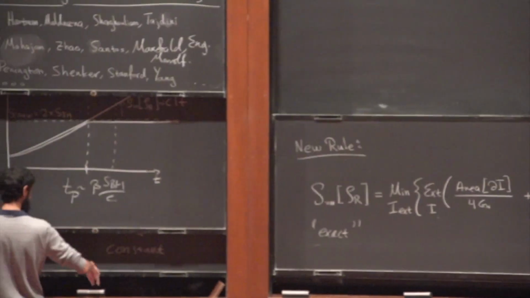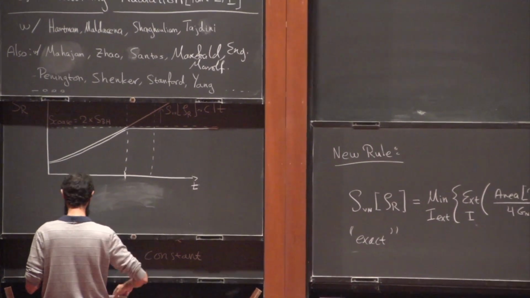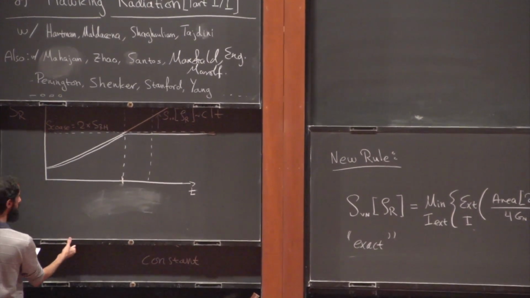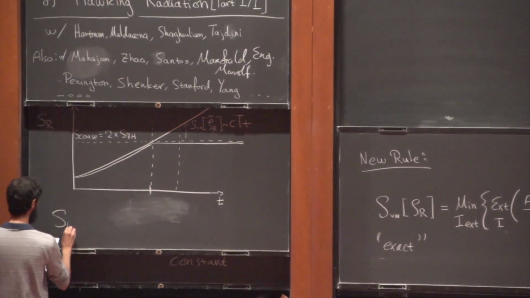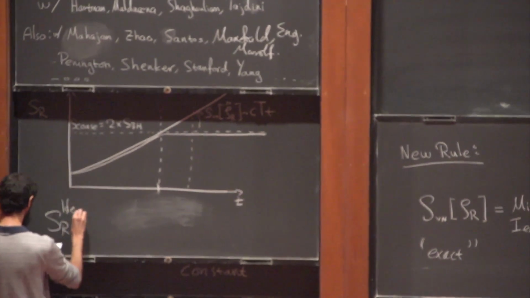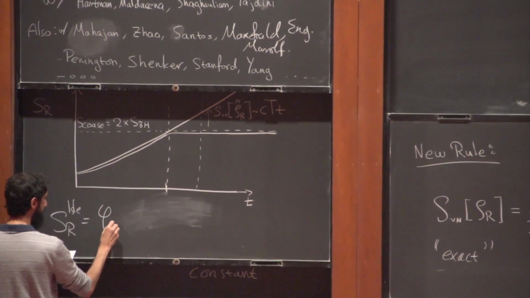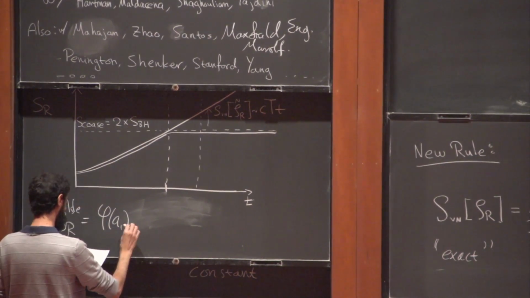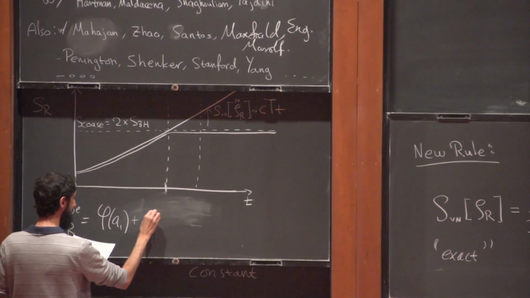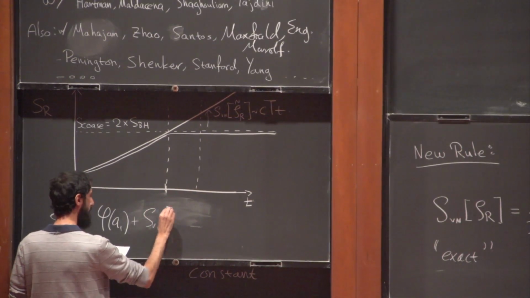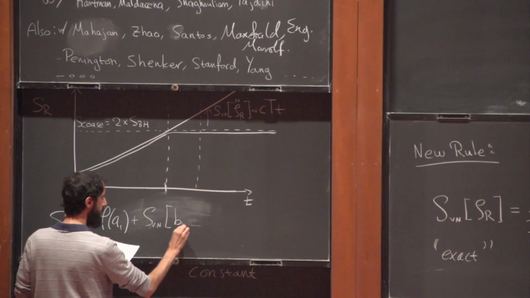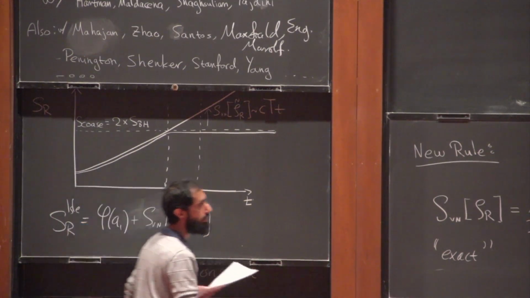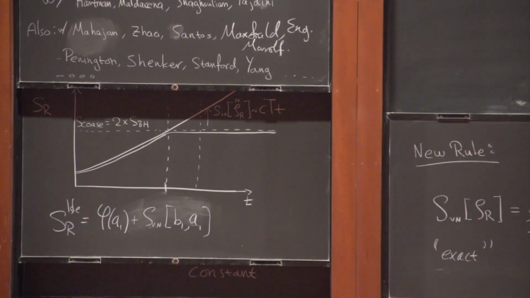In fact, you get, let me erase this. So for the island contribution, you get S_R island. It'll have the area piece at some location A1, which is one of the endpoints of the island, plus the von Neumann entropy. I guess I should have labeled what I meant by the A's and B's.